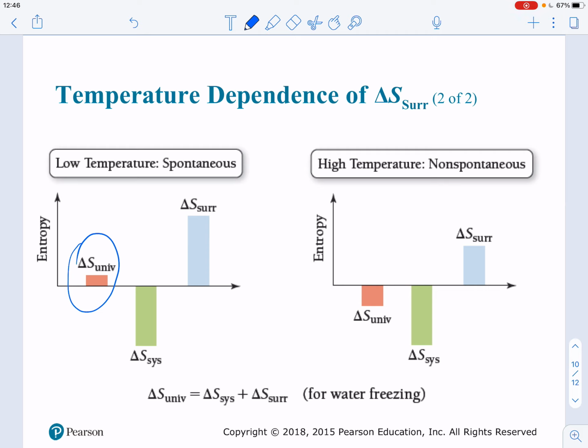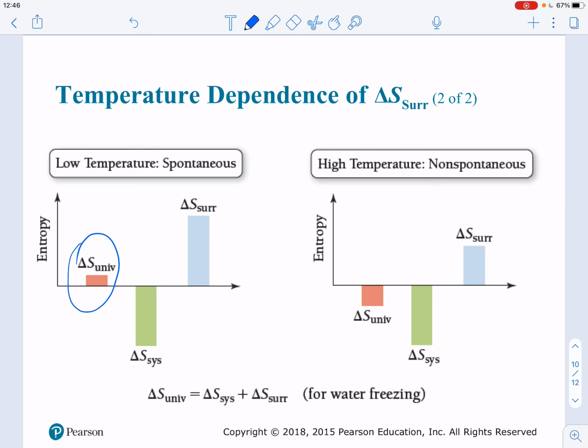Whenever the change in entropy for the universe is positive, the process is going to be spontaneous. That's what you are trying to focus your attention on here. So the process is spontaneous if the change in entropy for the universe is positive.